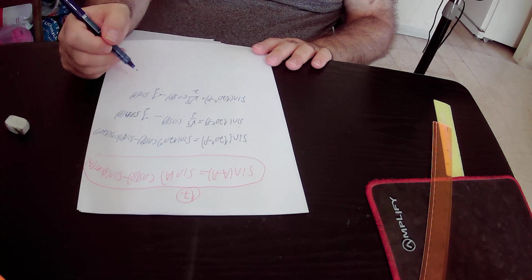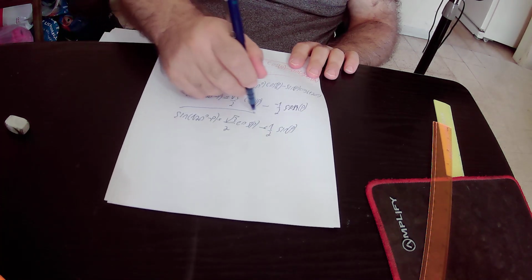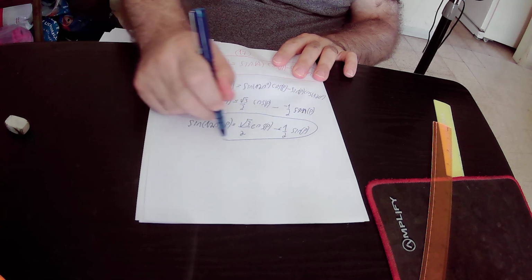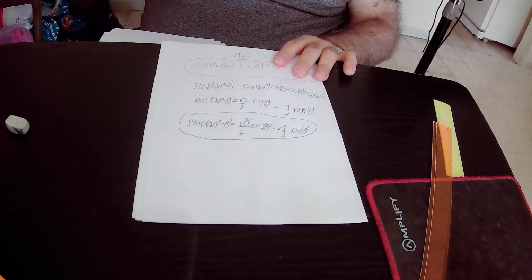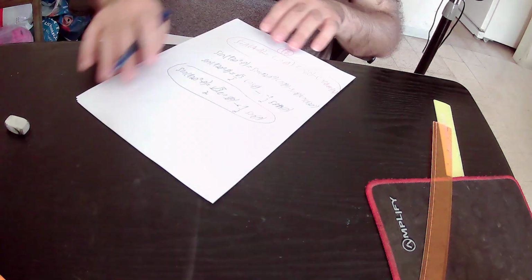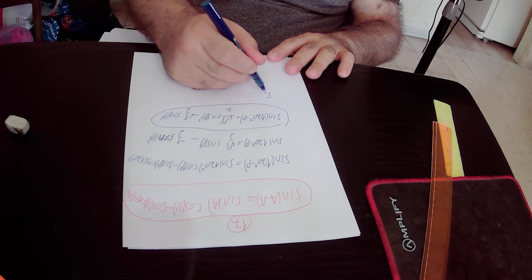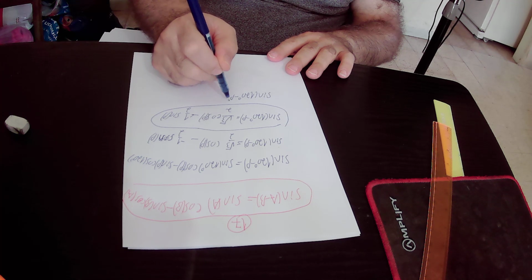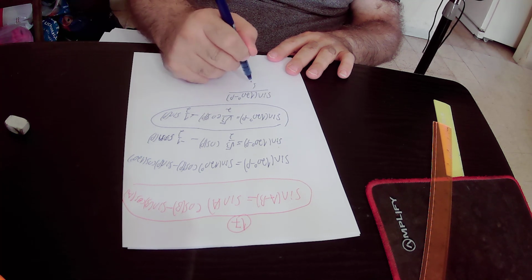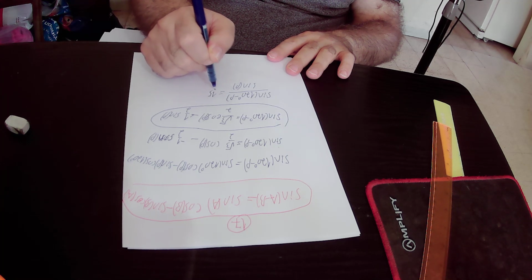Okay, so here we will substitute sine 120 degrees minus p by this expression in the original expression, sine 120 degrees minus p over sine p equals 15 over 8.